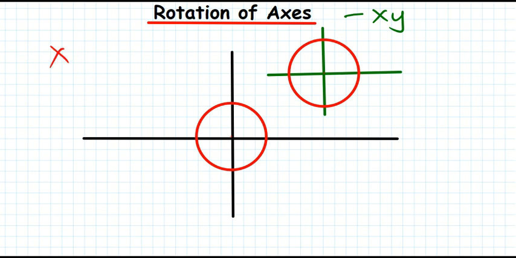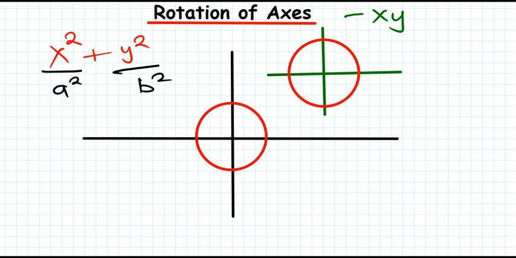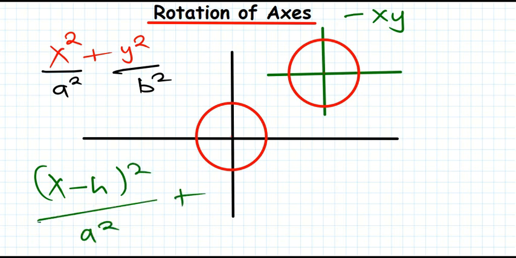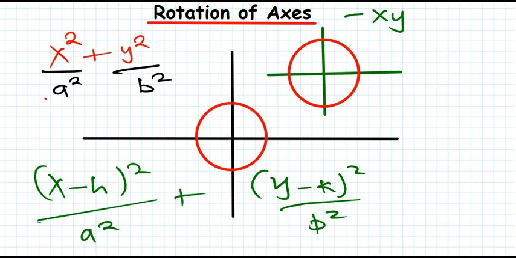For example, if you're looking at an ellipse, in the new form it can be expressed as (x minus h) squared over a squared plus (y minus k) squared over b squared. I showed you how to move from that form to this form, and all that went well.